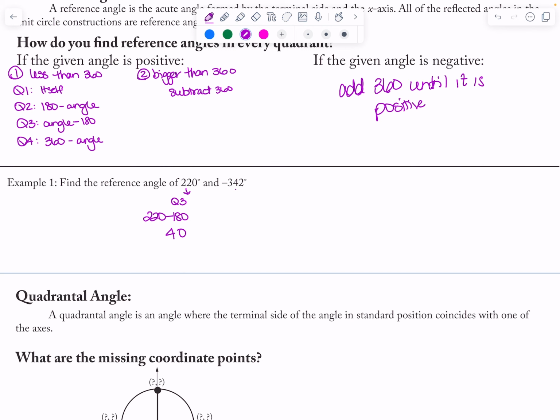Now, for negative 342, I take and add 360 to it, so that gives me 18. That is in quadrant 1, so 18 is my reference angle because in quadrant 1 it's itself.